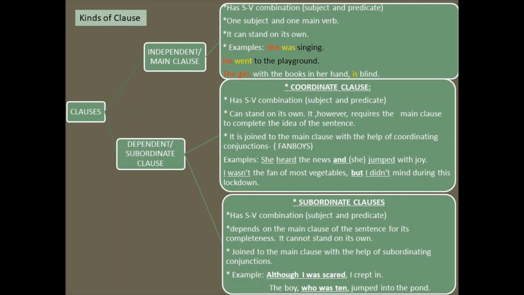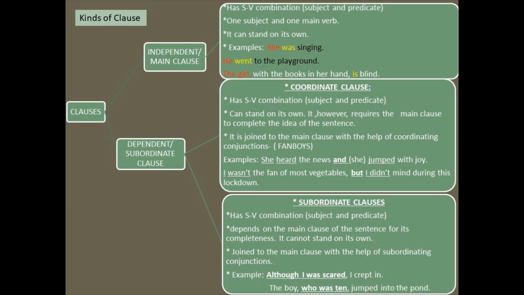Okay. Now, we come to the dependent or the subordinate clause. Now, this is something that you have to understand because it has more points or more classifications, right? Dependent or subordinate. Now, the term in itself has more meaning to understand.